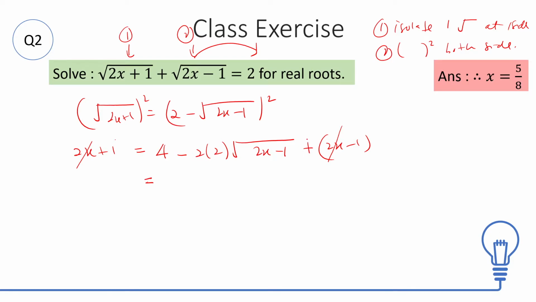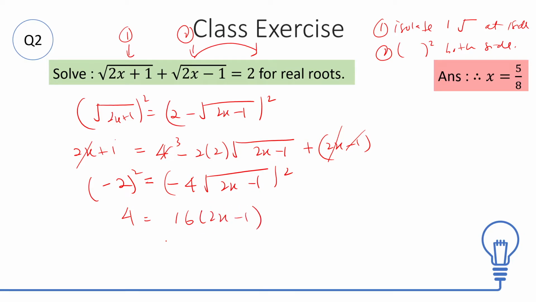Okay, 4 minus 1 actually is 3. 3 shifted here is negative 2 equals negative 4 square root of 2x minus 1, and then since this is only one square root, we just square both sides. 4 equals 16, there's no more square root, then 2x minus 1, and then 4 and this is 4, so I have 1 over 4 equals 2x minus 1, then my 2x is equal to, this one shifted here, 5 over 4, and my x is 5 over 8.